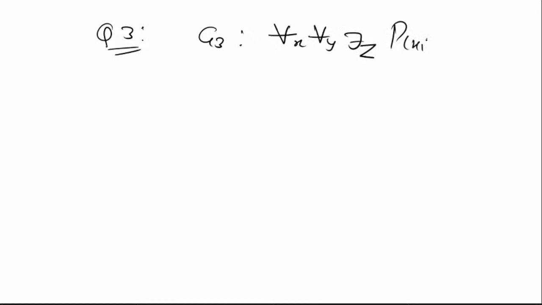Consider this question 3. Consider this formula G3: for all x, for all y there exists z, p(x, y, z). This is a different template, as you can see.